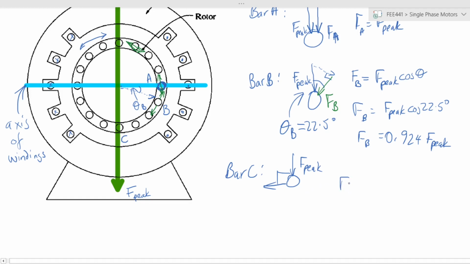What does that mean? FC, which is this one, will be equal to F peak cos theta C. But our theta C is 90 degrees. So that means that FC is equal to F peak times 0.